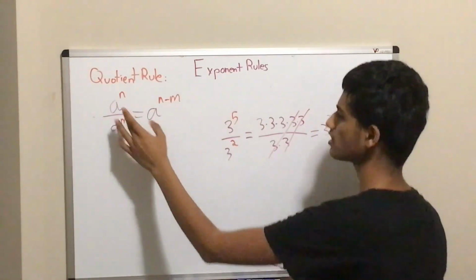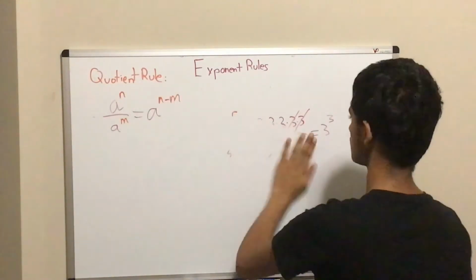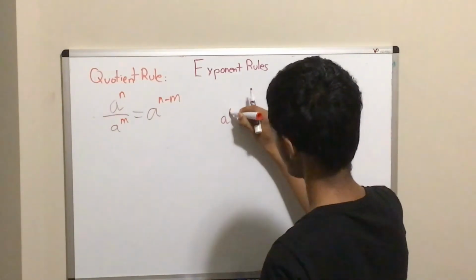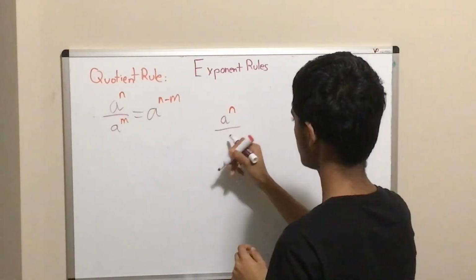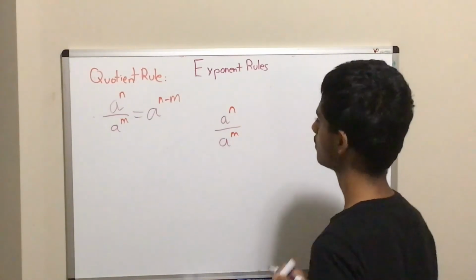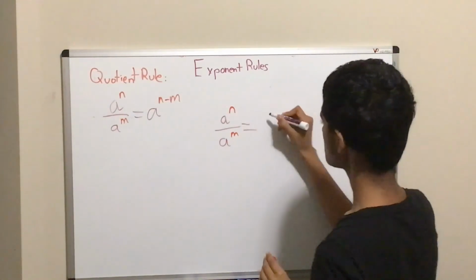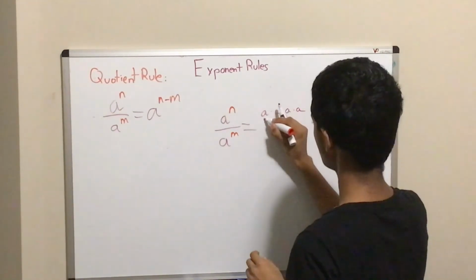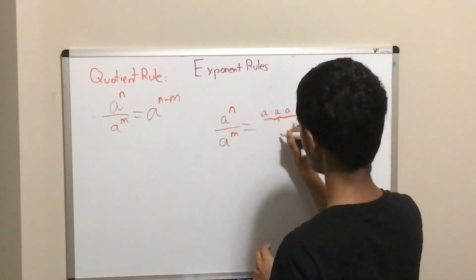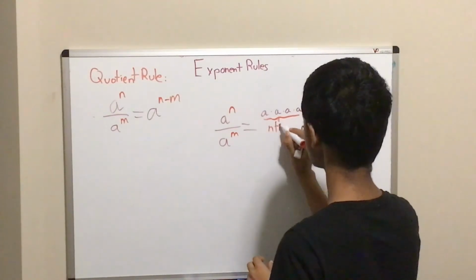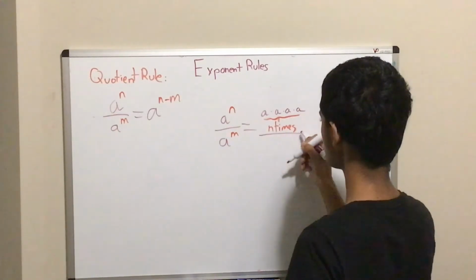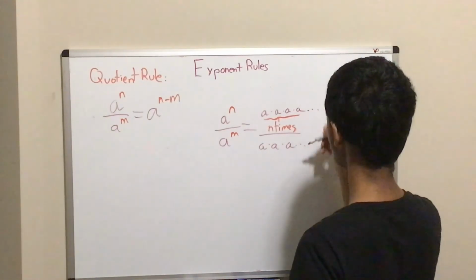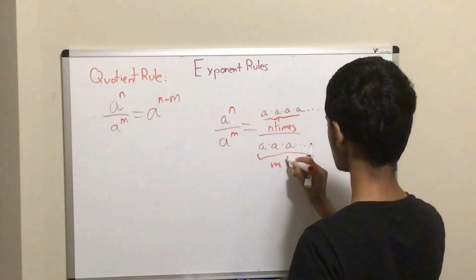Now let's try applying this with a's and with m's and n's. Let's say we have a to the power of n divided by a to the power of m. Now let's try rewriting this. This is going to be a times a times a times a, n times, and we're going to divide it by a times a times a dot dot dot m times.